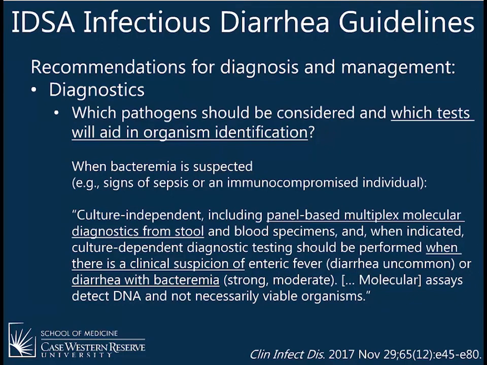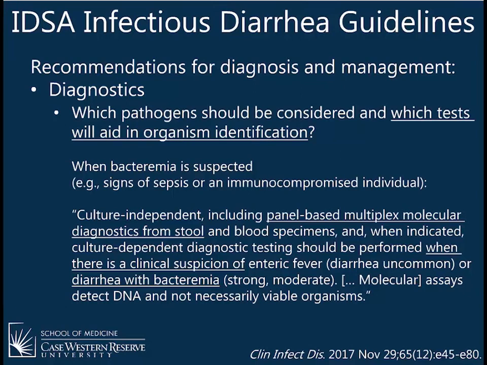So getting back to which tests will aid in organism identification, when bacteremia is suspected, and remember they mentioned that if a patient has gastroenteritis and fever, bacteremia might be present, or if somebody has sepsis or is an immunocompromised individual, this would also be a reason to look for bacteremia.